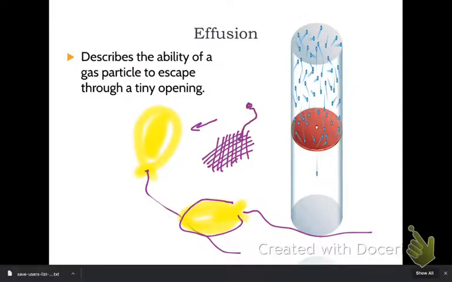But oxygen, which is a diatomic molecule, or nitrogen, another diatomic molecule, are much larger, and they strike the sides of the balloon and don't get to leave. It's just the helium. So once the helium all effuses out, we go from a floating balloon to one that's not floating.